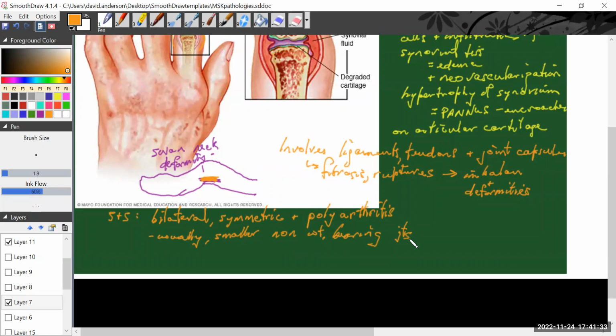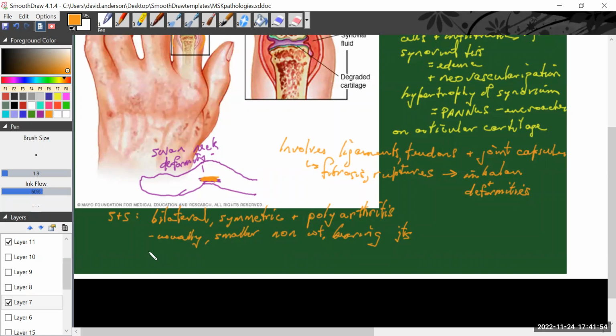And because of the systemic nature, the presence of antibodies, we also will see some systemic presentation. So the patients that have a flare-up of rheumatoid often generally feel kind of unwell. They're tired. And in rare cases, they may even have some fever associated with it.